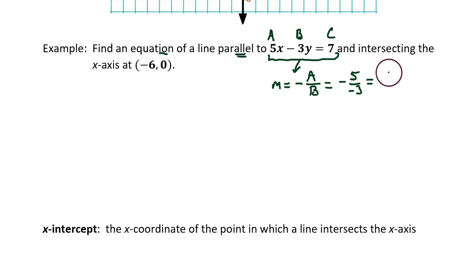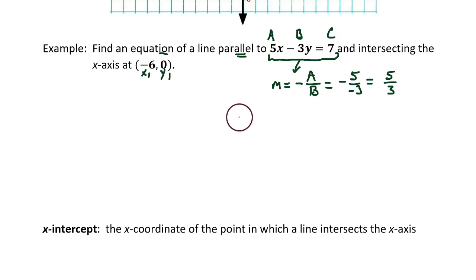Negative over negative is positive, 5/3. The equation that we're looking for will have a slope of 5/3 because it's parallel to this equation that has a slope of 5/3. The other thing we know about our equation is it goes through the point negative 6, 0. That's x1, that's y1.